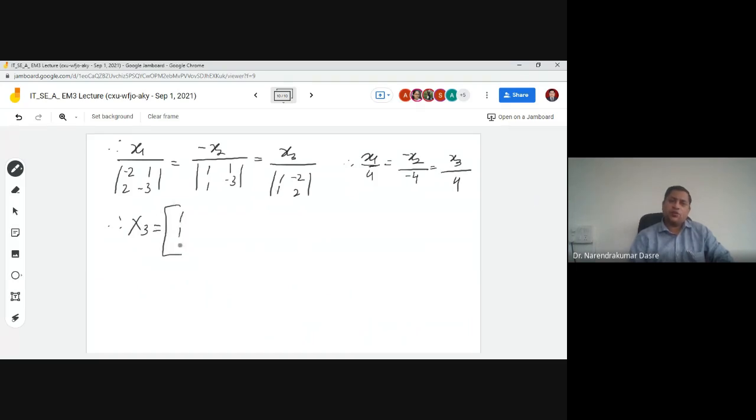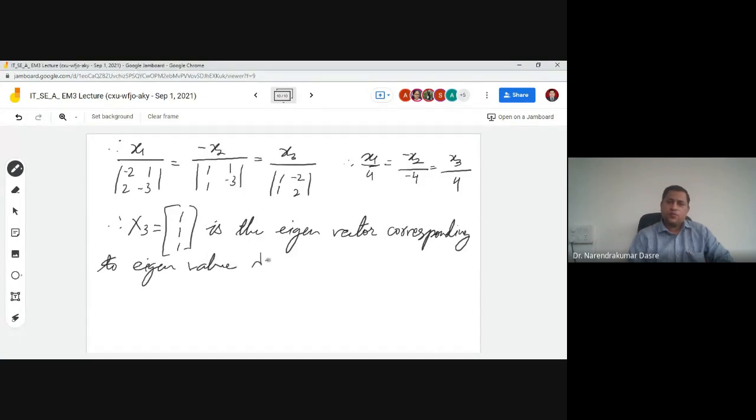You can cancel throughout, and you will have the eigenvector like this. Okay, so this is the eigenvector we have. So this is the eigenvector corresponding to eigenvalue lambda is equal to 5, and hence what we can say is geometric multiplicity of lambda is equal to 5 is going to be 1.